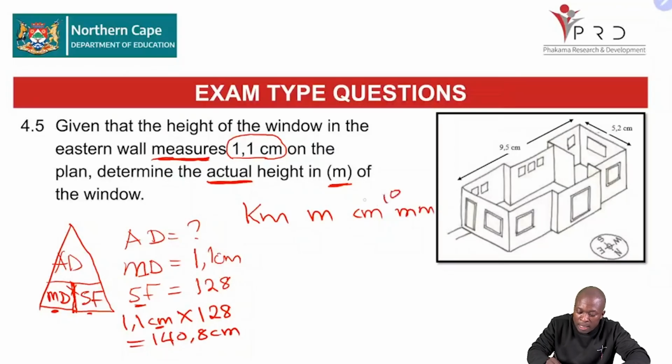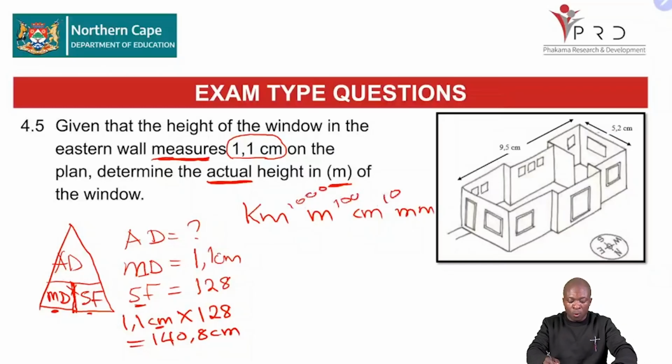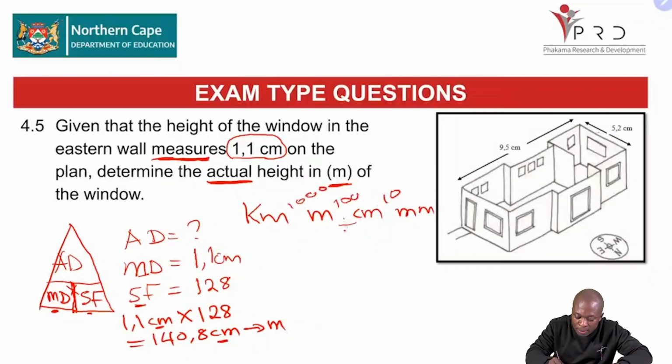We have 10, 100, and then 1,000. So this unit is in centimeters. We have to take it to meters. What are we going to do? Good. We are going to divide it. So you have your 140.8 divided by 100. And then what should be your answer?